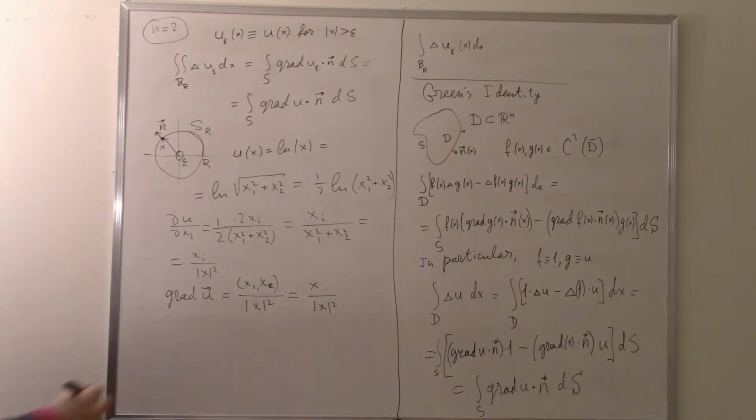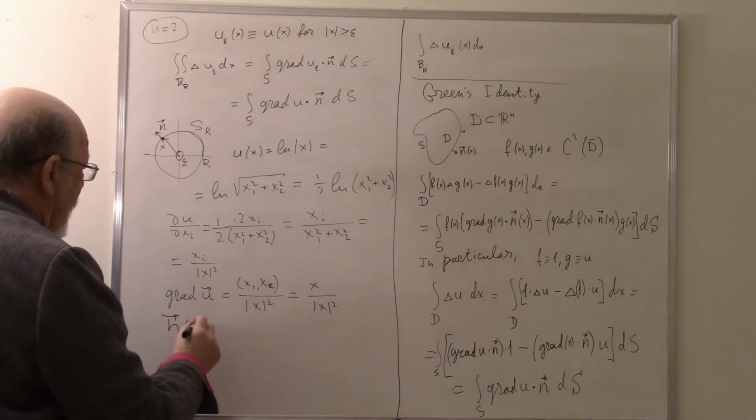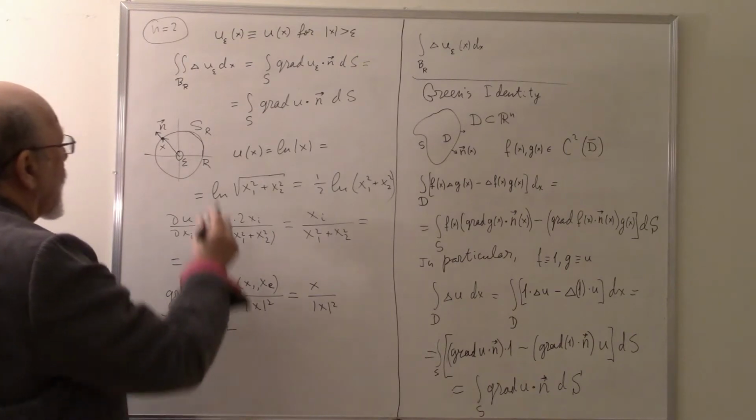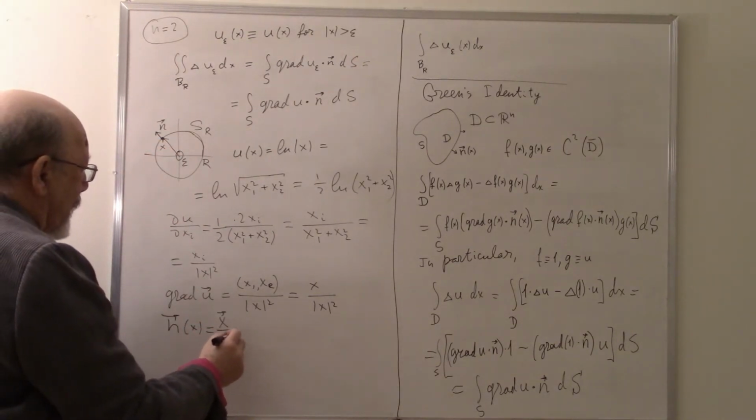So n of x equals vector x, but its length should be 1, so divided by |x|.